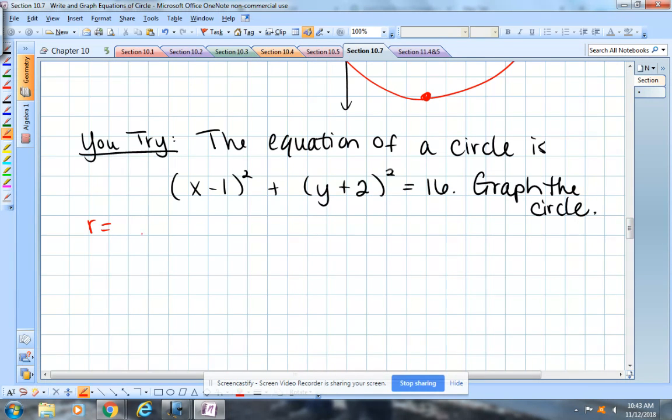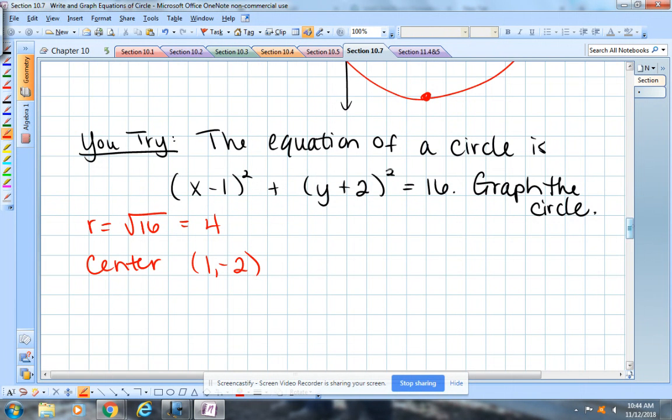What's the radius of this circle? It would be the square root of 16, which is 4 units. And what's my center of this circle? Right, you change the signs of what's in the parentheses with x and y, so it's going to be a positive 1 and a negative 2. So any questions about how we got those 2 things?